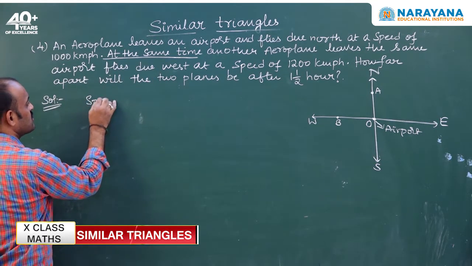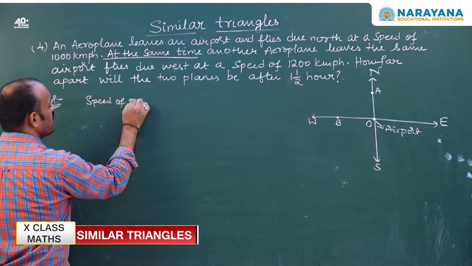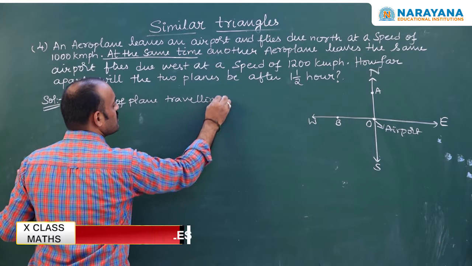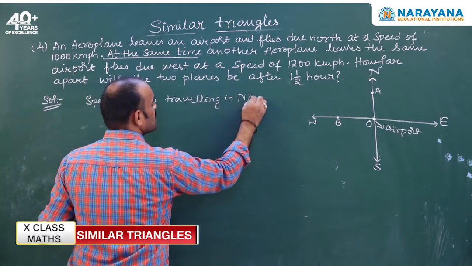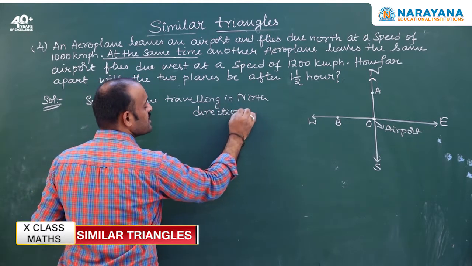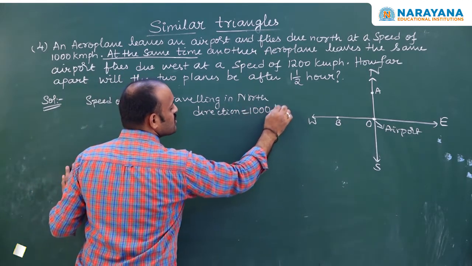Speed of the plane travelling in the north direction, he has given as 1000 km per hour.